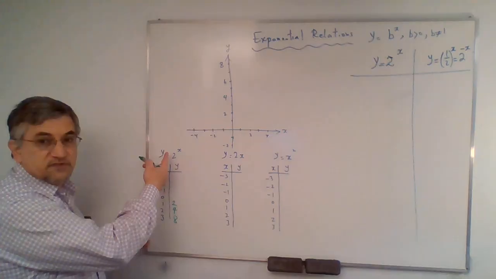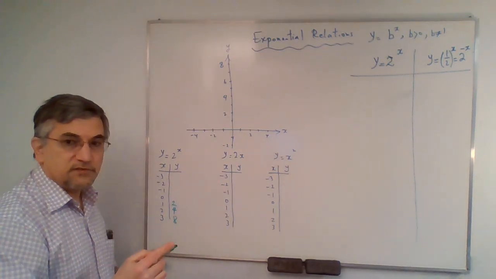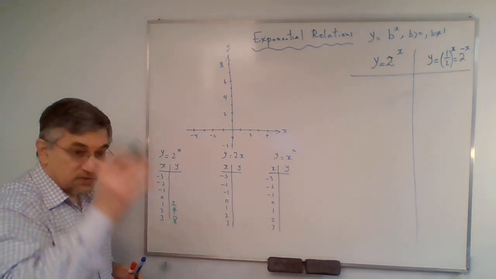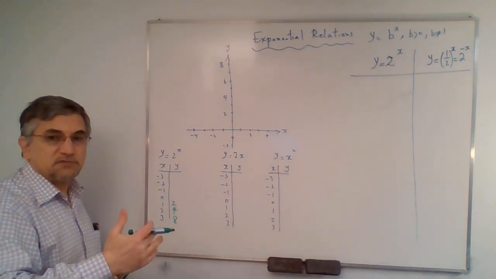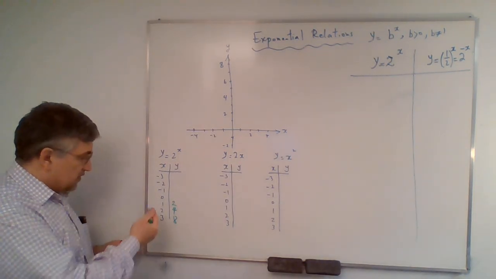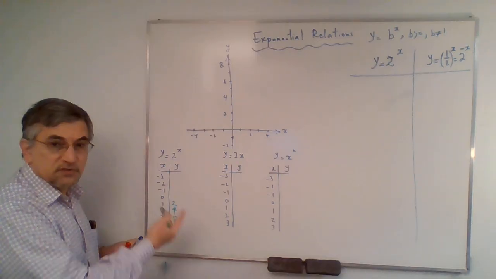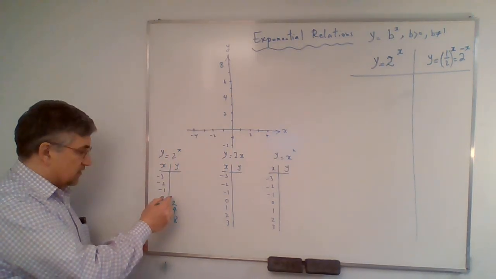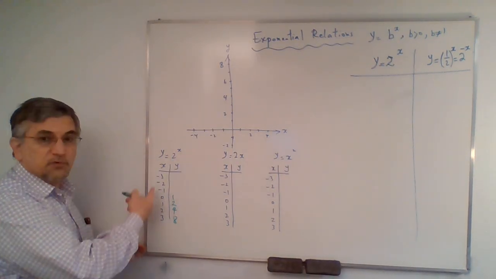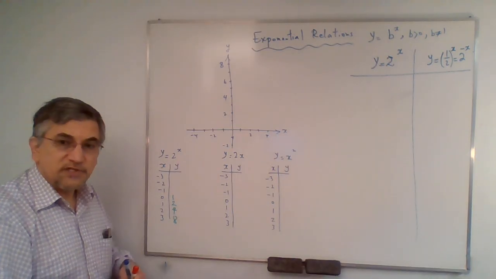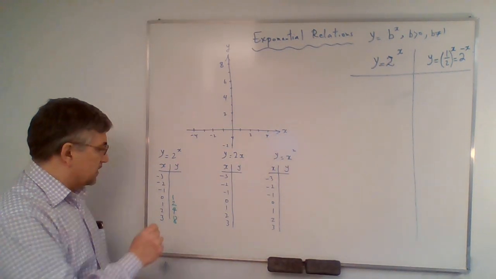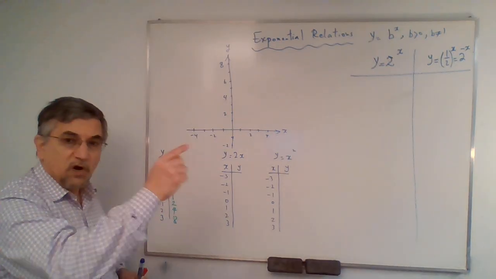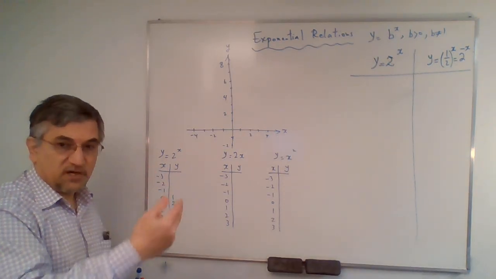And 2 to the exponent of 0, if you recall, we learned in the first part of this unit, when we were reviewing exponent laws, that any number raised to the exponent of 0 is equal to 1. So 2 is not an exception. So 2 to the exponent of 0 is going to be 1. And then 2 to the exponent of -1, using the negative exponent law, would be 1 over 2 to the exponent of +1.